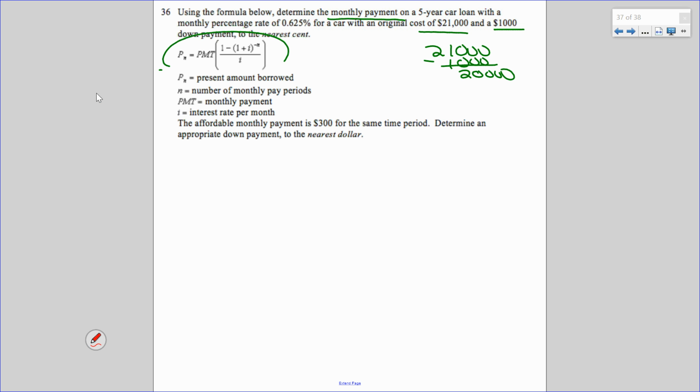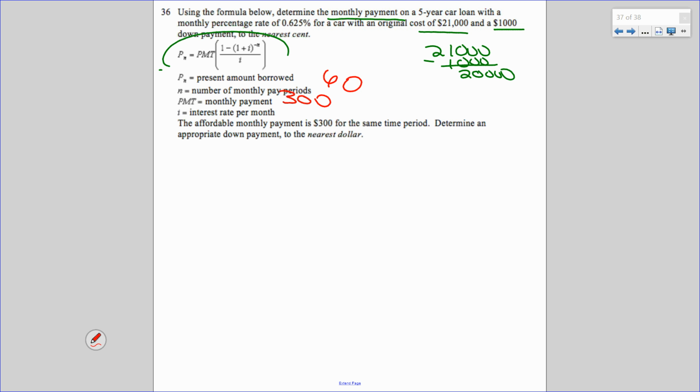The affordable monthly payment is $300 for the same time period. Determine an appropriate down payment. So the affordable monthly payment, that's your PMT. Oh, now my board's not working. Same time period, so N is still 60.